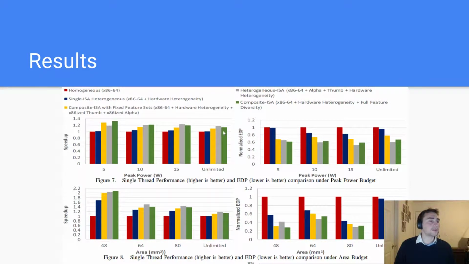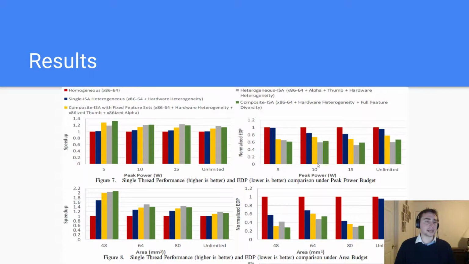Again, very similar comparison between the previous heterogeneous ISA and the Composite-ISA. That's the green bar. It's also neat to note that if you just take a single instruction set and make it look like these other instruction sets, you can still do a pretty good job at getting this improvement of a little more than 10% or so overall.